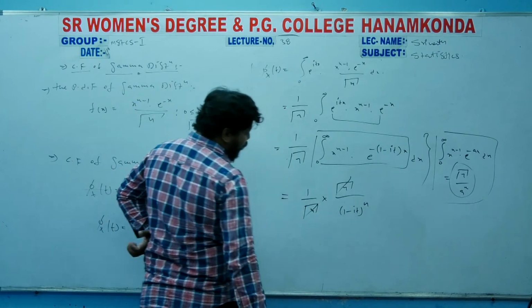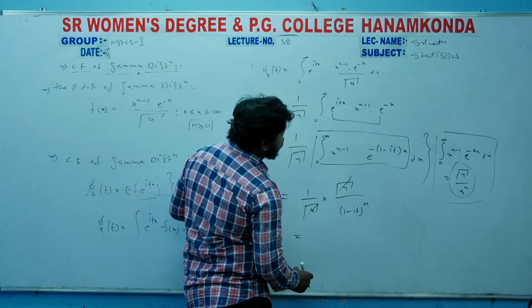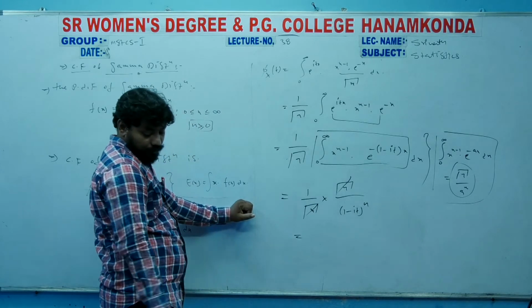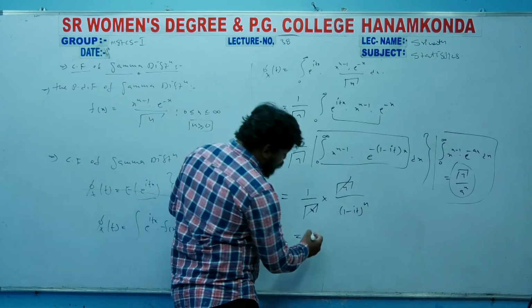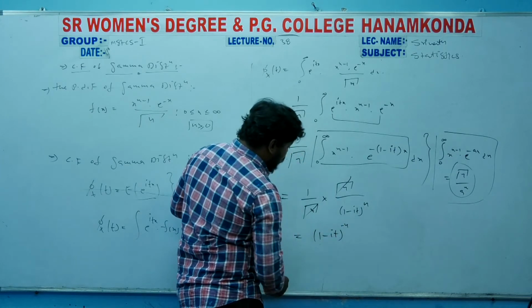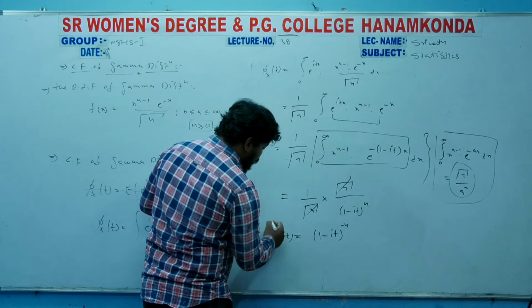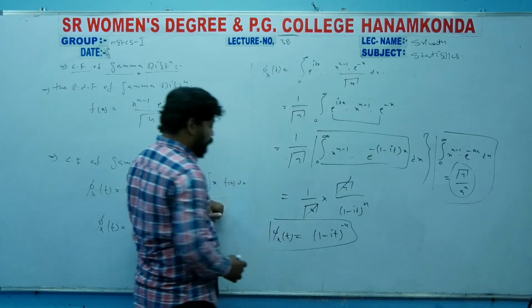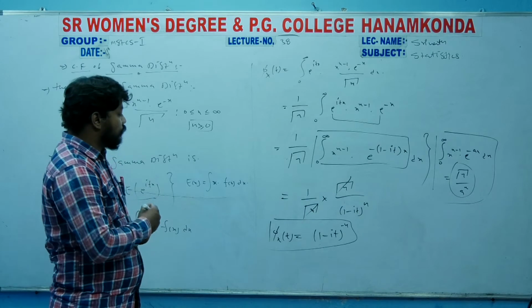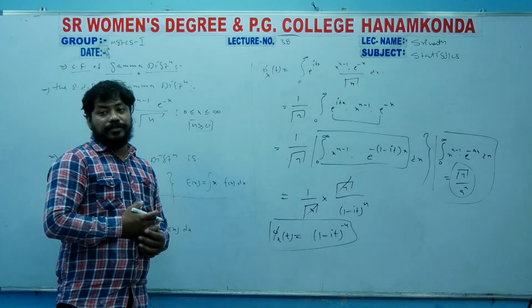This term and this term get cancelled. Finally we can write (1 minus it) whole power minus n is phi x of t. This is the characteristic function of gamma distribution.